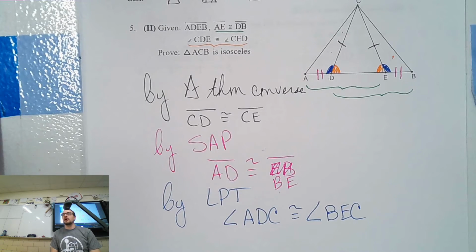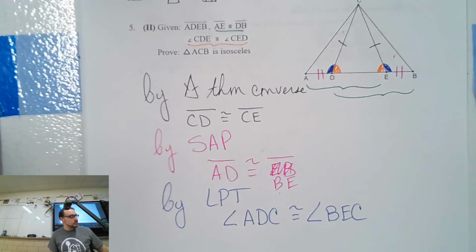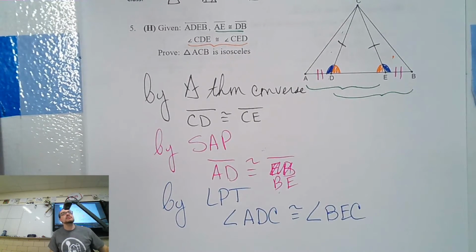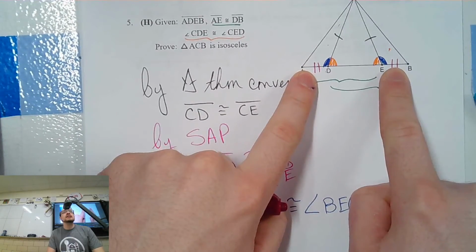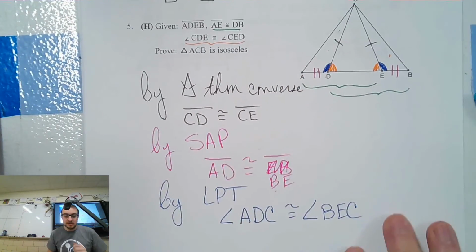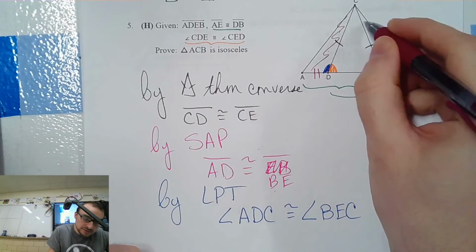Does everybody see the linear pair? Yes. Okay. So now do we have enough information to prove the triangles congruent? These two? Yes, we do. So these two triangles are going to be the same.